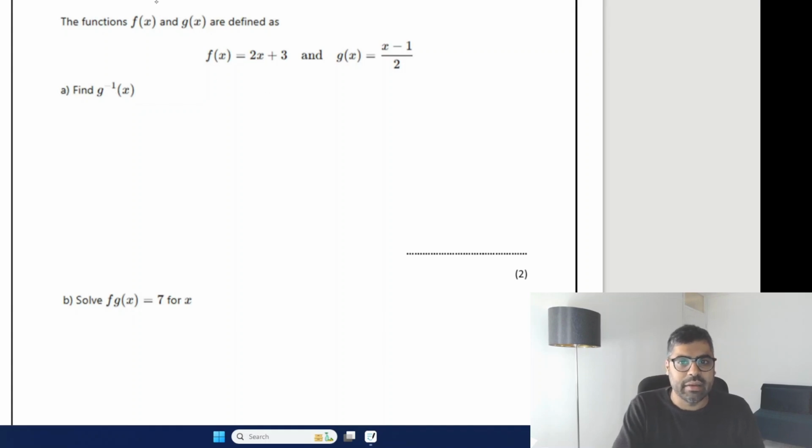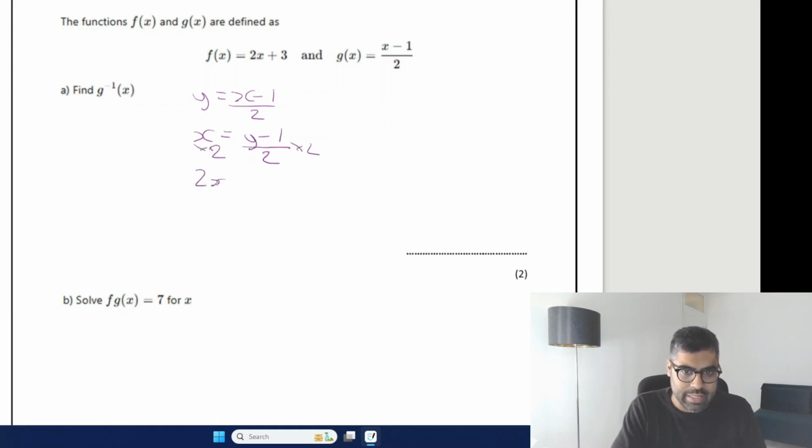Really easy. What we're going to do is replace g of x with a y, just temporarily. So we're going to say y equals x minus 1 over 2. We're then going to swap the y and the x. So it's x equals y minus 1 over 2. We're going to solve this, basically make y the subject. So we're going to times both sides by 2.